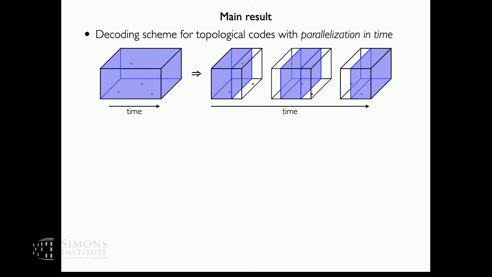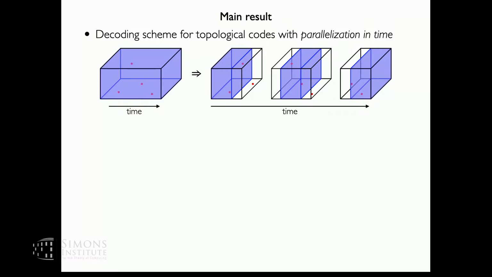Here is a very general picture of what the decoding scheme looks like. Time goes from left to right. Here we have a 3D decoder graph of our code. Because we're considering a surface code, you imagine the space is in that direction.